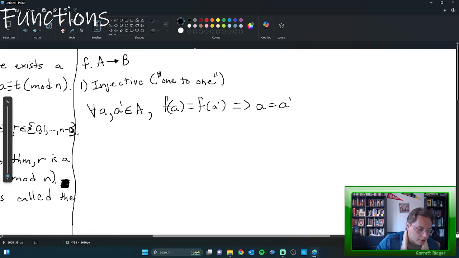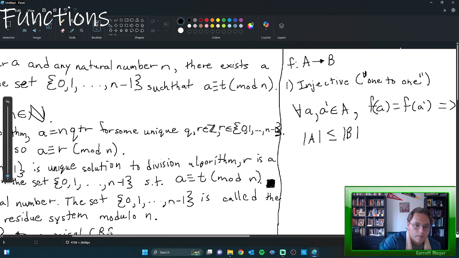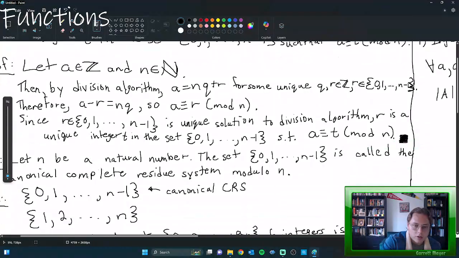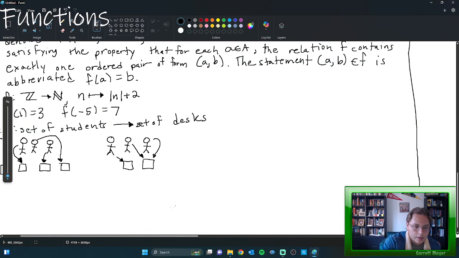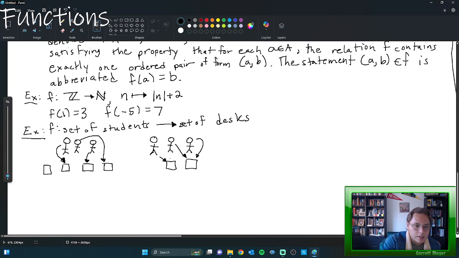There's also one thing to note, this implies that the cardinality of A is less than or equal to the cardinality of B. And that's by the pigeonhole principle, but let's explain this a little bit more intuitively. If every desk has one student, there must be fewer students than desks, because the second you have more students than desks, somebody has to share a desk. Then the seat assignment function would not be injective.